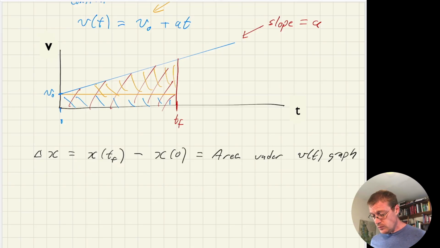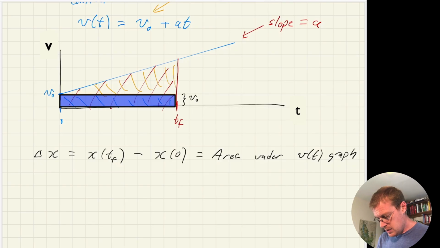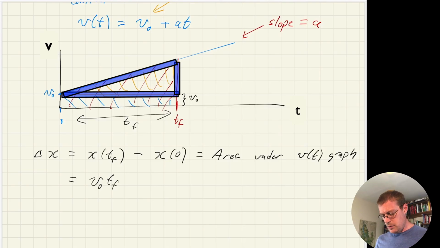Let's start with this rectangle. That's the easy part. Its height is just v0, and its width is tf. So this is equal to v0 tf, plus the area of this triangle. A triangle's area is 1/2 base times height.